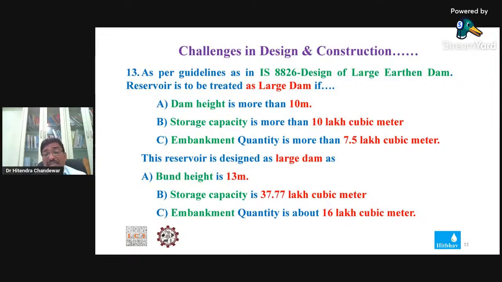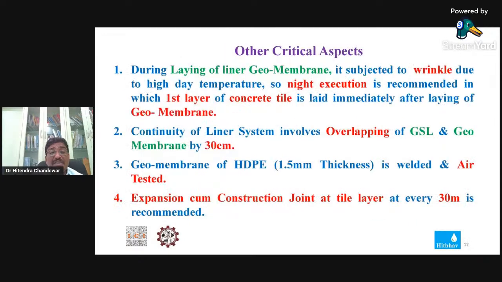So this reservoir is to be designed as a large earthen dam. The theory we used for the design of the reservoir is from the various provisions laid down in IS 8826, which is used for design of large earthen dams. So these were the challenges.